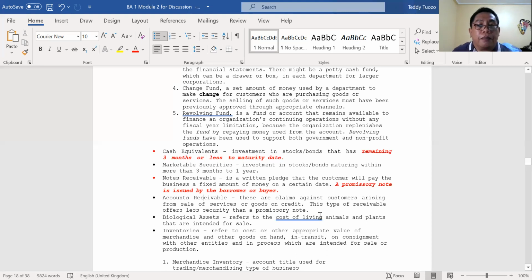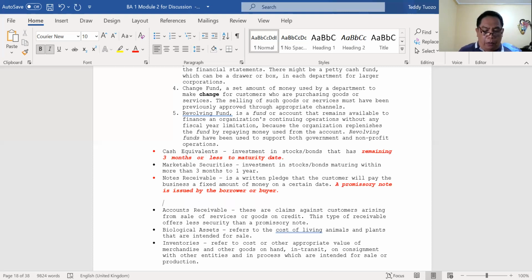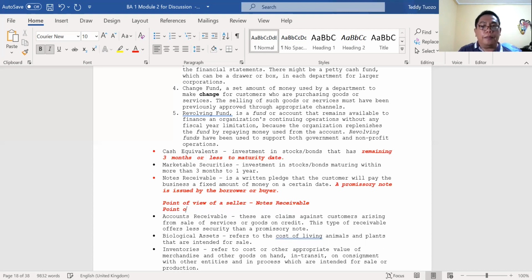Next. So the counterpart for notes receivable. On the point of view of the seller, the account is notes receivable. Point of view of a buyer or customer, the account is called notes payable.